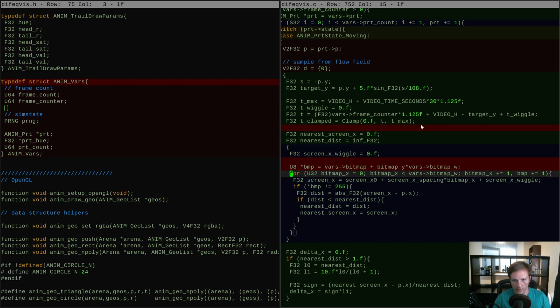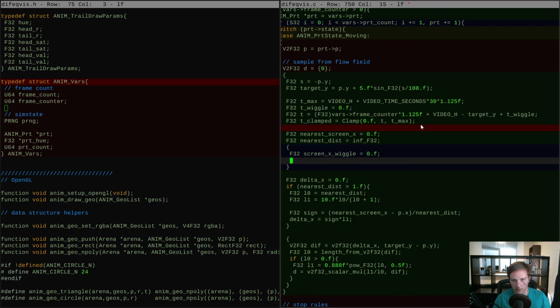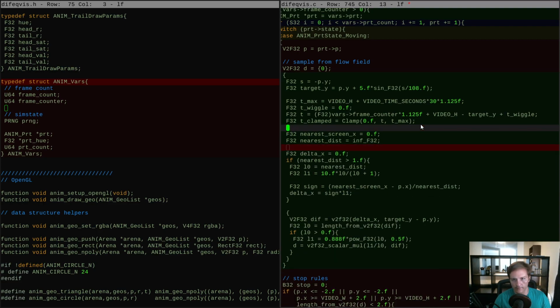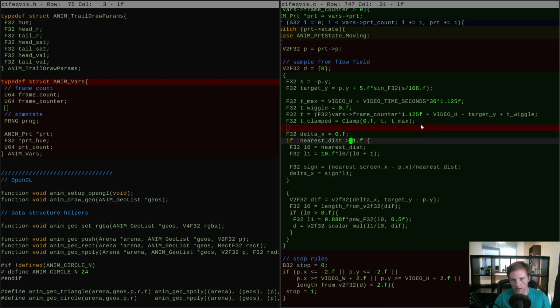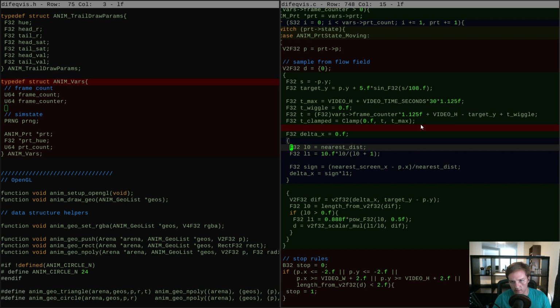We don't have a bitmap, so we can't do any of this. Can't do any of this. Can't do this. So instead, we're just going to calculate delta x using something that we can do with fixed functionality here. Nearest distance. Don't need that. Sine. Don't need any of this.